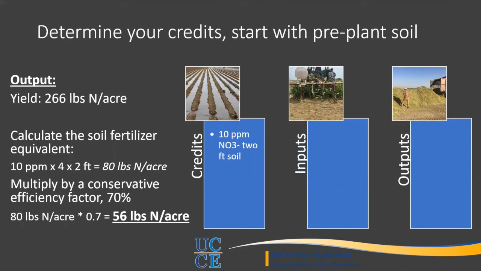So we'll say conservatively that the plant will be able to utilize 70% of that nitrogen there. So the 80 pounds of nitrogen per acre that exists there times an efficiency factor of 70% or 0.7 leads us to 56 pounds of nitrogen in the nitrate form per acre as a credit just in the soil.